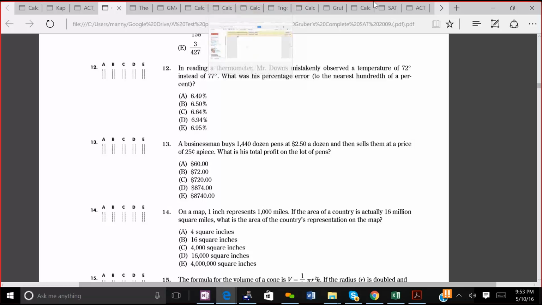Reading a thermometer, Mr. Downs mistakenly observed a temperature of 72 instead of 77 degrees, sorry, not percent. What is his percentage error to the nearest 100th? So, COP. So, change. Yep, it is COP. Perfect. 5 over 72 times 100.